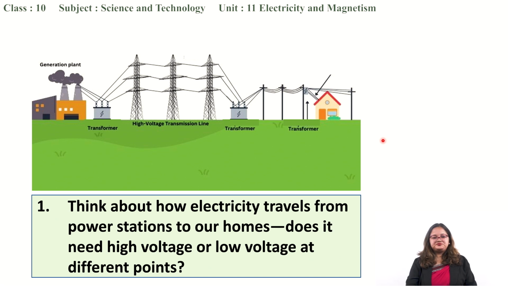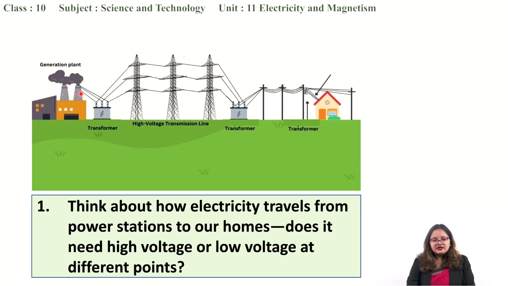Let's look at here. Let's say this is a generation plant, and in this transformer, the induced voltage is passed to this transformer. Here we are using a transformer which increases the value of the voltage quite highly.